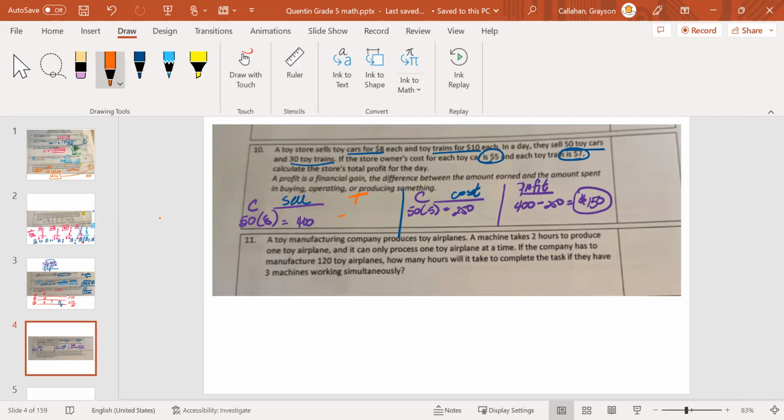Then I want to look at the trains. He has 30 trains, and they're sold for $10 a piece. What's 30 times 10? The cost of the train is $7.